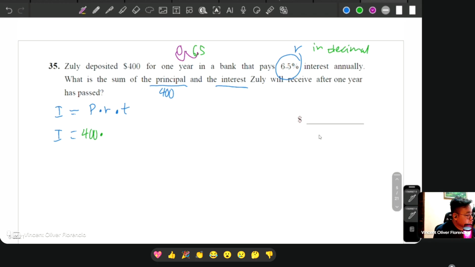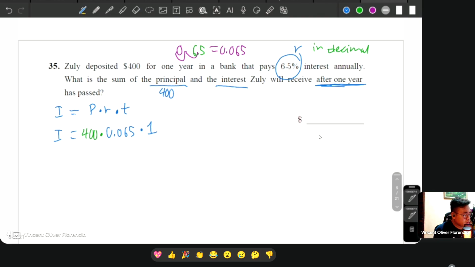So it's going to be equal to 0.065. So times 0.065, and the last one is time. It says there after 1 year, so times 1. If it's after 2 years, times 2.